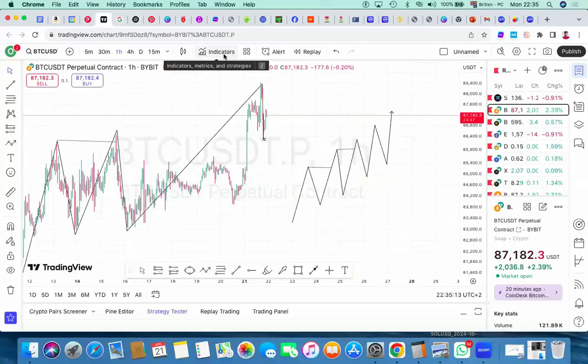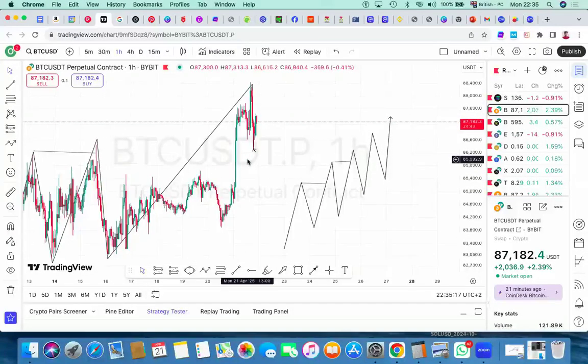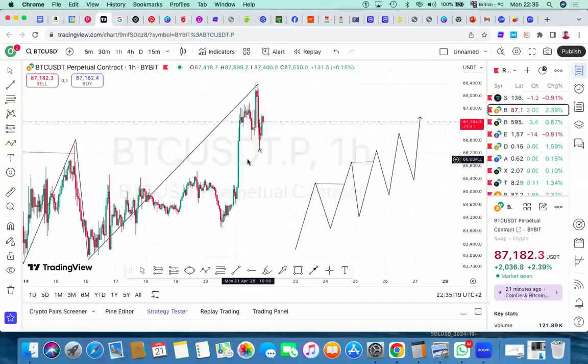If you want to buy low and sell high, you always want to analyze your chart to make sure you are not buying at a premium zone. If the market went up, pulled back again, and is now going up, and you do your analysis very well and use other tools that we'll be introducing to you, you'll be confident enough to say, I'm not buying at a premium zone, I'm buying at a discount.